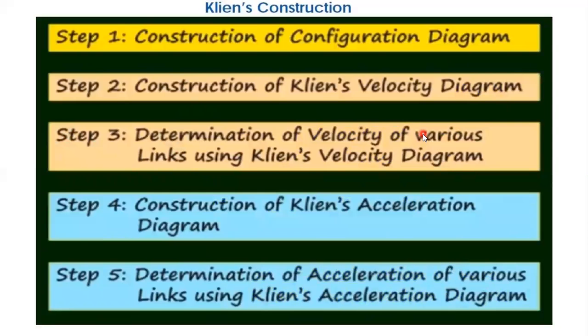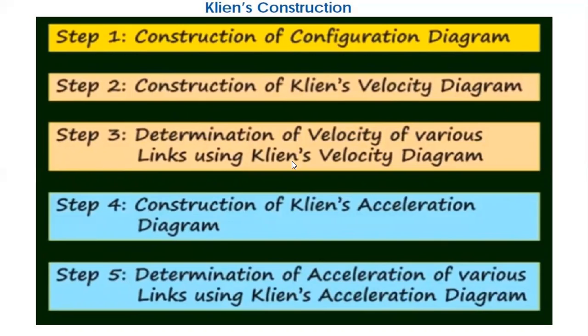For solving that, we have 5 different steps. First step is construction of configuration diagram. We need to construct the diagram with the help of the given data like crank radius, crank angle and connecting rod length. Second step is construction of Klien velocity diagram. This is very important and we need to mark the Klien velocity diagram.